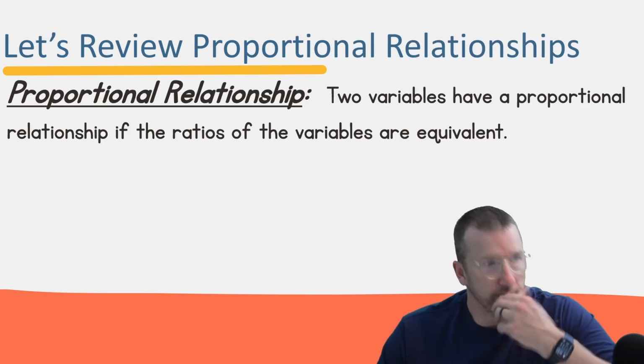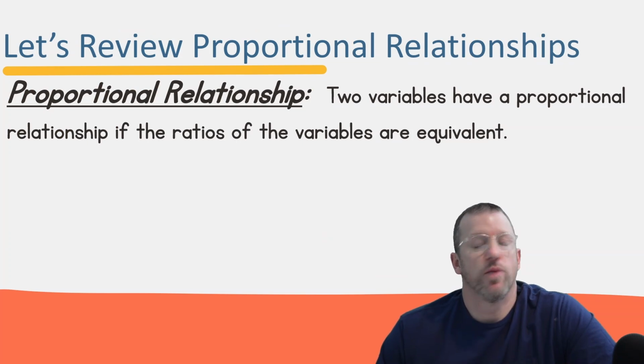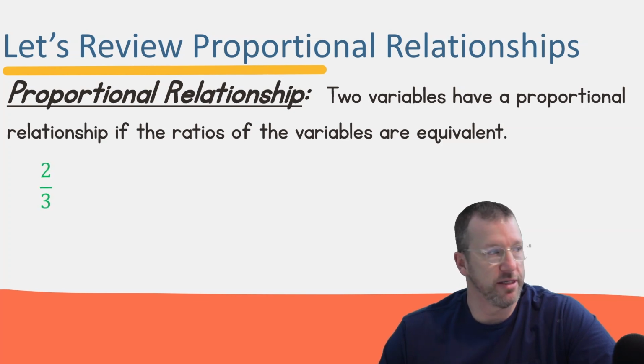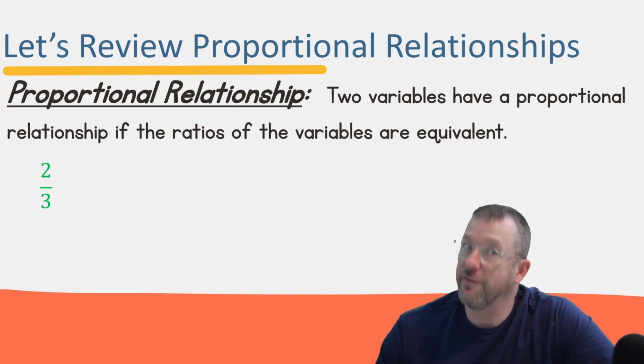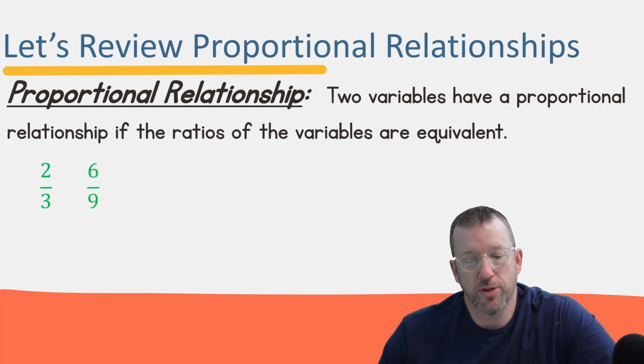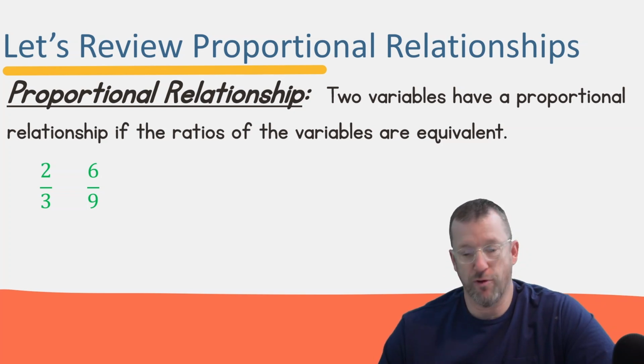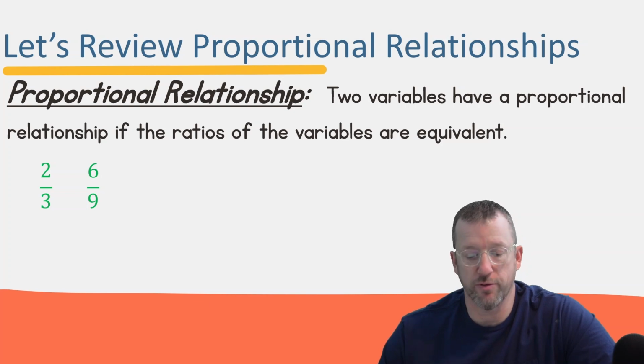All right. So let's review a little proportional relationship. What that means is we have two variables that have a proportional relationship if the ratios of the variables are equivalent. For example, here's a ratio 2 to 3, written as a fraction, conveniently. And we have another ratio that says 6 to 9, and we want to see if they have a proportional relationship. You can think of it as it goes up by the same rate for both parts of the ratio.